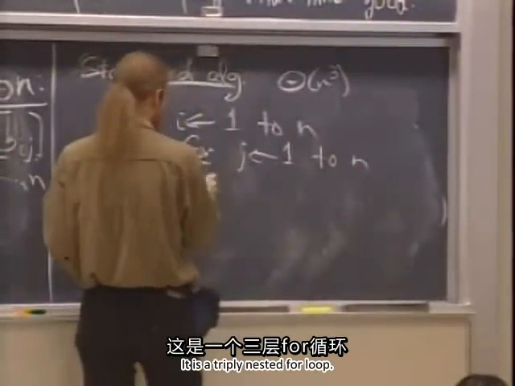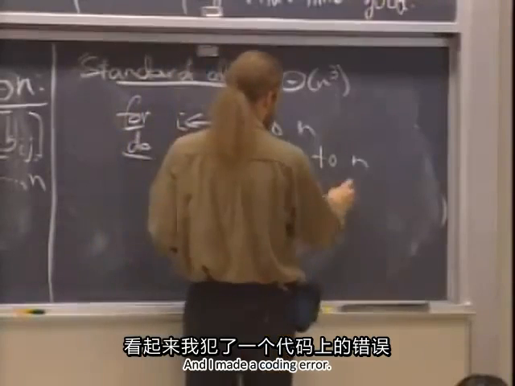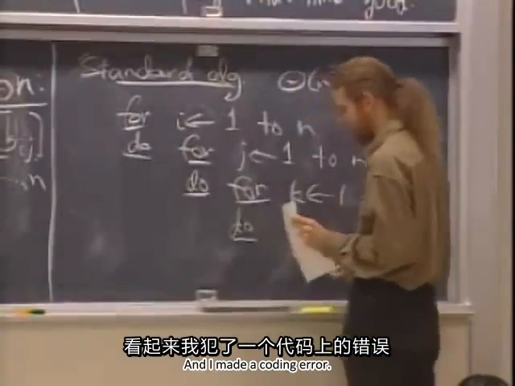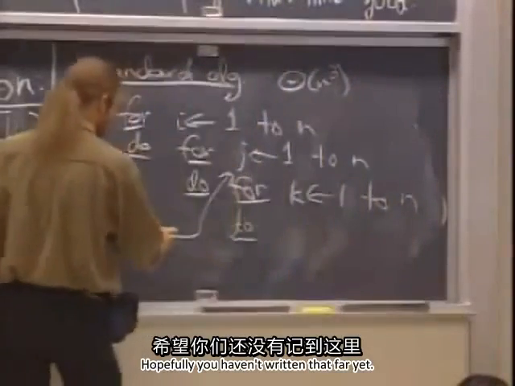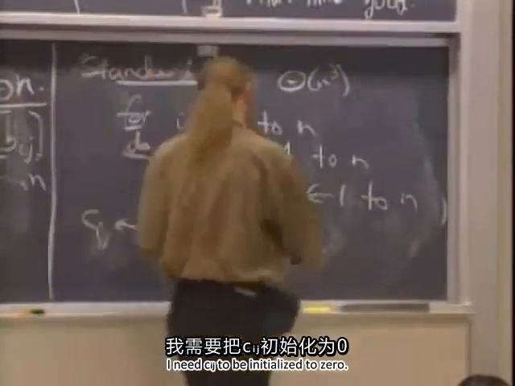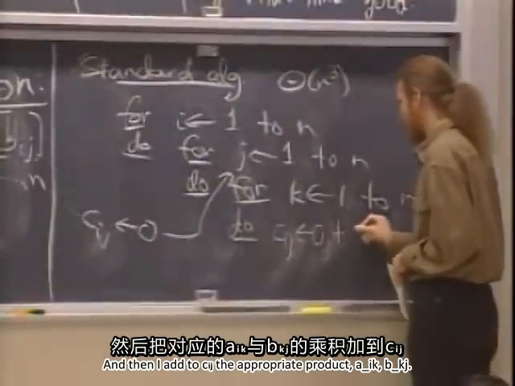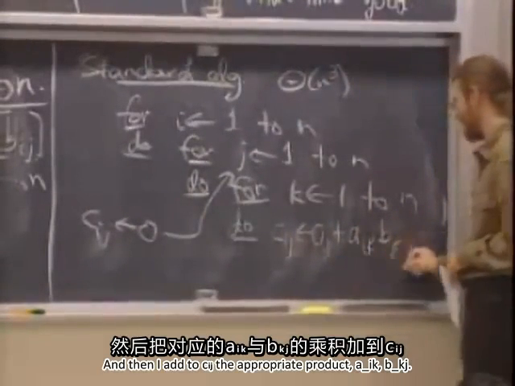So it's a triply nested for loop. And I made a coding error. Hopefully you haven't written that far yet. I need c_ij to be initialized to 0. And then I add to c_ij the appropriate product, a_ik times b_kj.